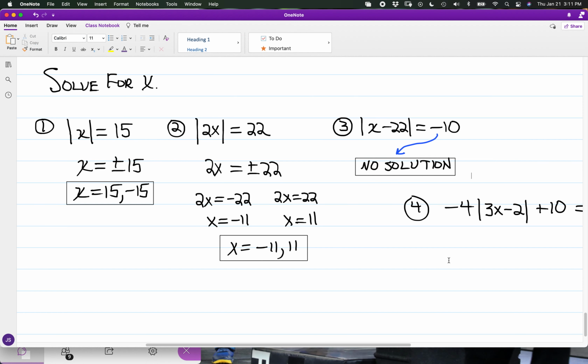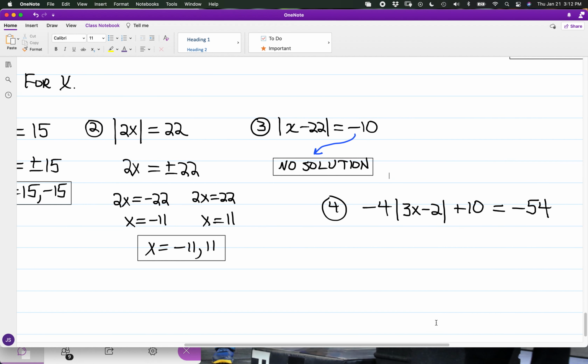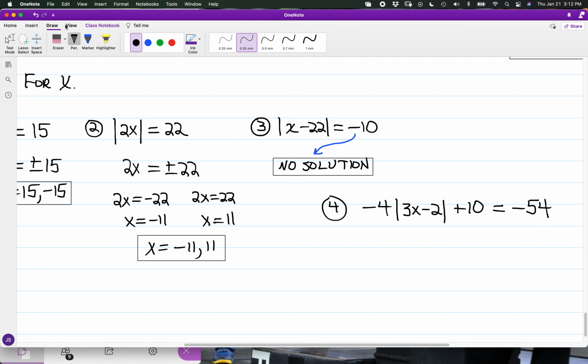Now, for what we have in the fourth item, we have an absolute value equation. Again, in terms of getting the absolute value of 3x minus 2 by itself, we have a couple of obstacles to remove. One is going to be 10, which is added, and so we're going to subtract.